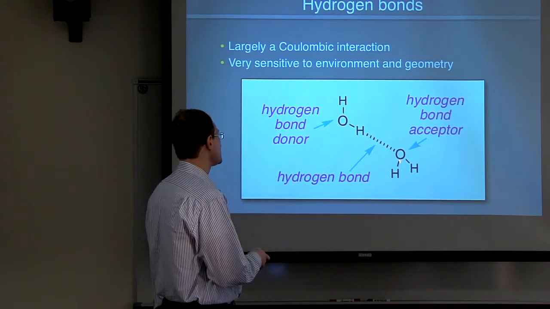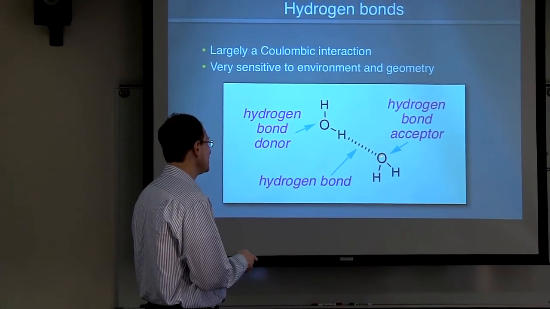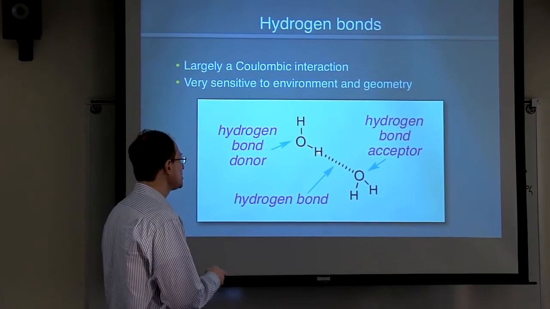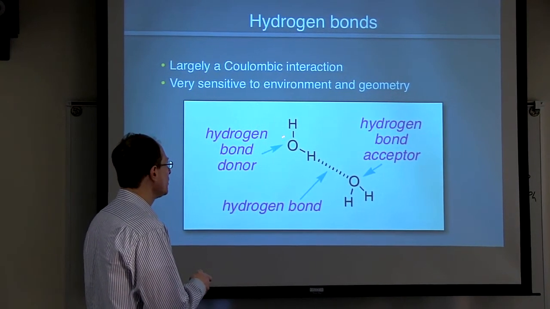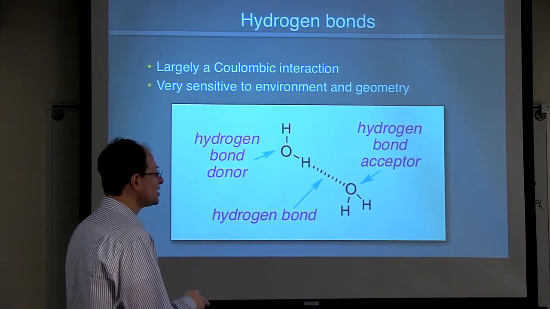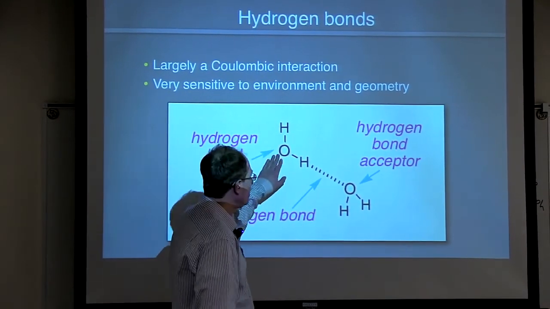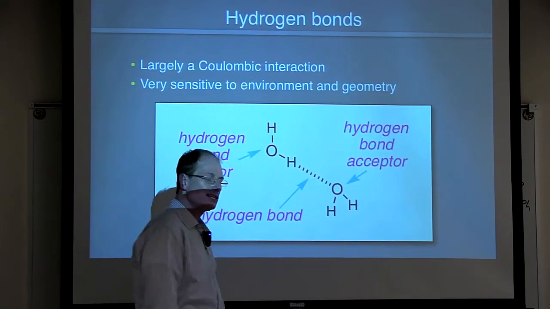So in this case, the lone pair on this oxygen of water down here is perfectly positioned to share the hydrogen of this water up here, and the oxygen, hydrogen, and oxygen are lined up as a straight line. Oftentimes that isn't the case.